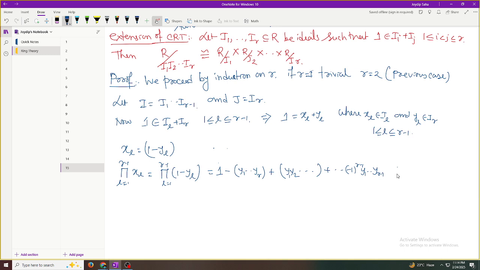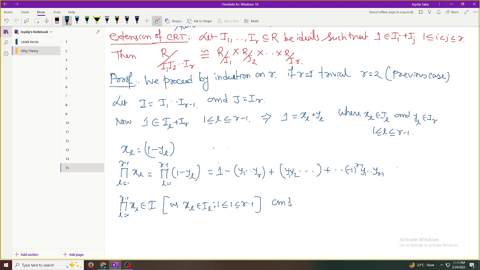Now the product of XL, L equals 1 to R minus 1, belongs to this product I, as XL belongs to IL, 1 less than or equal to L less than or equal to R minus 1.